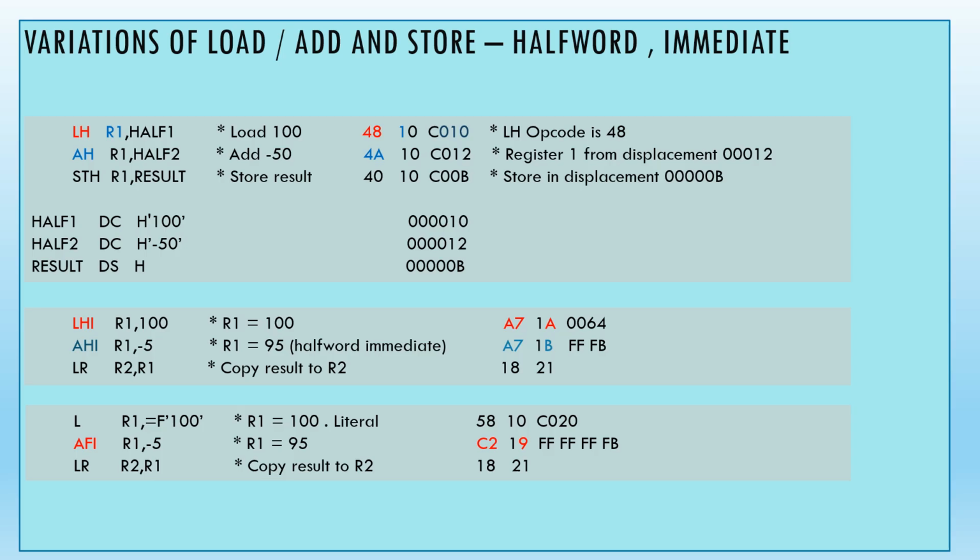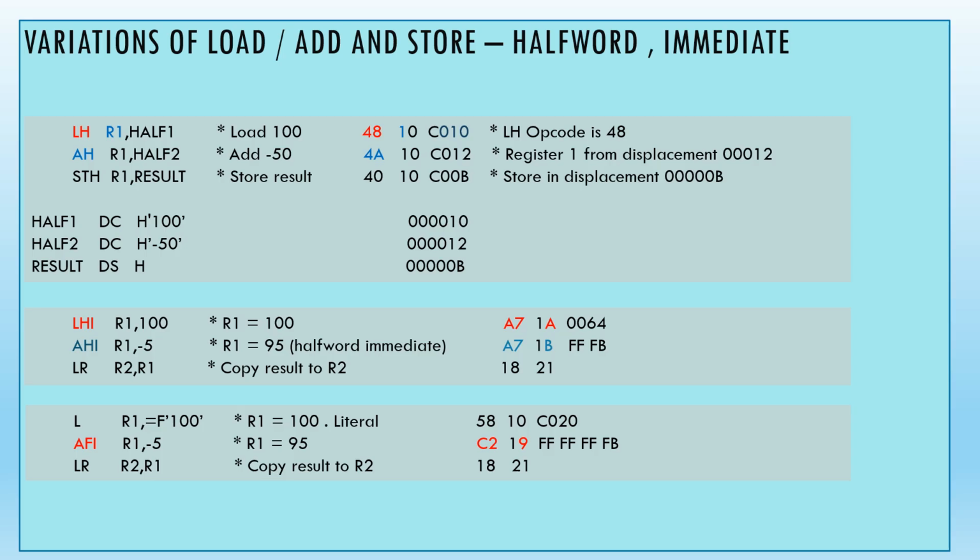Now I'm adding an AHI. I means immediate. That means the second operand has to be either a literal or a direct value itself. AHI means I'm adding a halfword to register R1. What is the value of R1 right now? It is 100. What is the value I'm adding? Minus 5. So how does this get constructed? A7A, which is AHI, then 1 is the first register, and the value of minus 5 is FFFB.